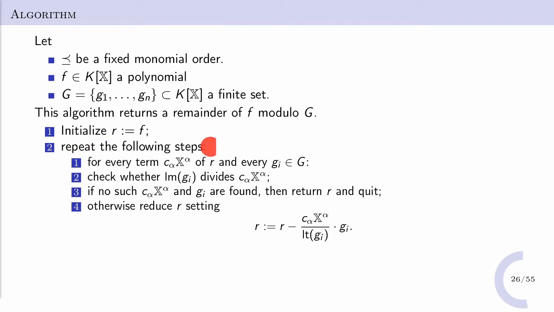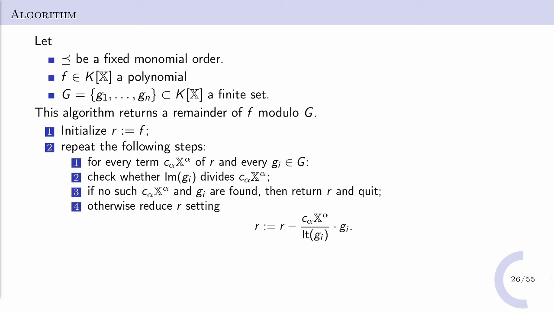Here is the while loop, and here are the 2 for loops. So this is while we don't have a remainder, and we will break out from this outer loop here, and here we have 2 loops, one for all the terms of R and one for all the polynomials in G.